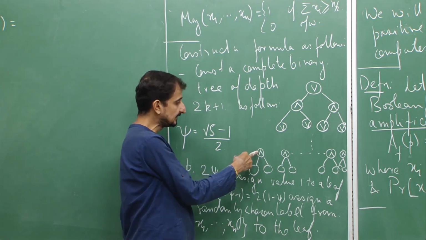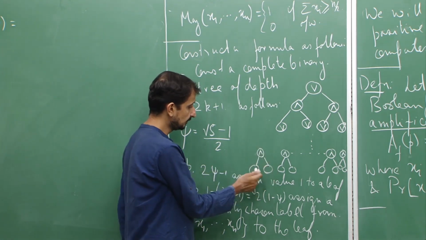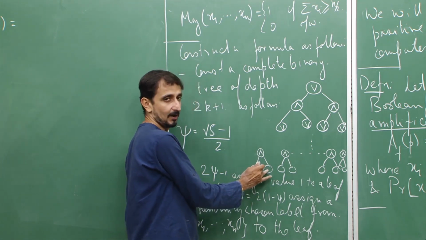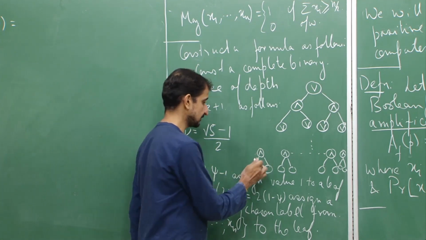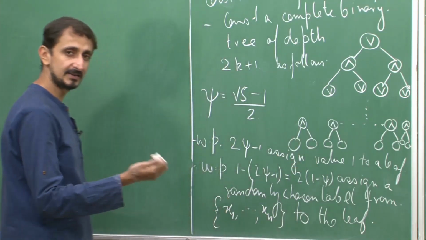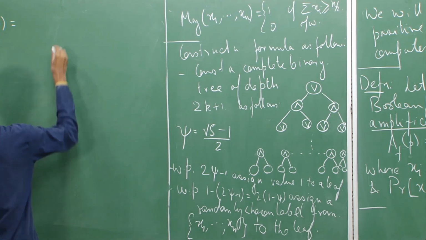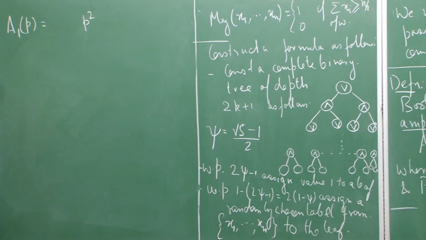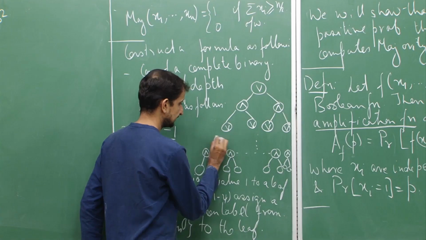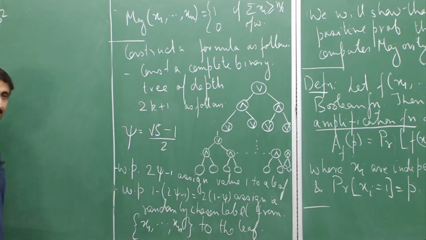The probability that this node outputs a 1 is the probability that both these nodes must be 1, right. So, if both these nodes are 1, then this node outputs a 1. Okay. So, the probability that both these nodes are 1 is p over here. Okay. So, the probability that an AND gate outputs a 1 is p squared. Now, what is the probability that an OR gate sitting over here outputs a 1?